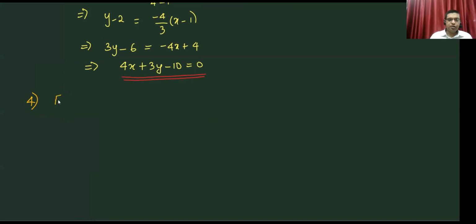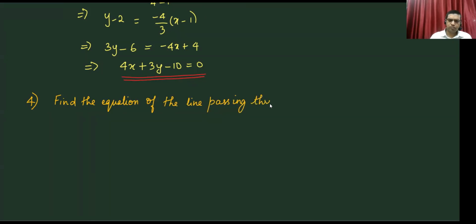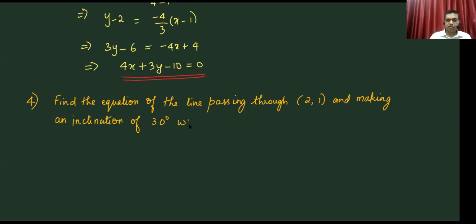Now, find the equation of the line passing through (2, 1) and making an inclination of 30 degrees with the x-axis.